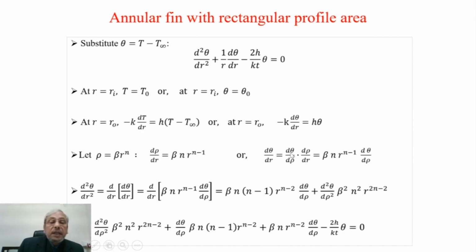Now d theta/d rho we are fixing as a parameter, and d rho/dr we have found as beta n r to the power n minus 1. So d theta/dr we have found out. We have changed the independent variable from r to rho.